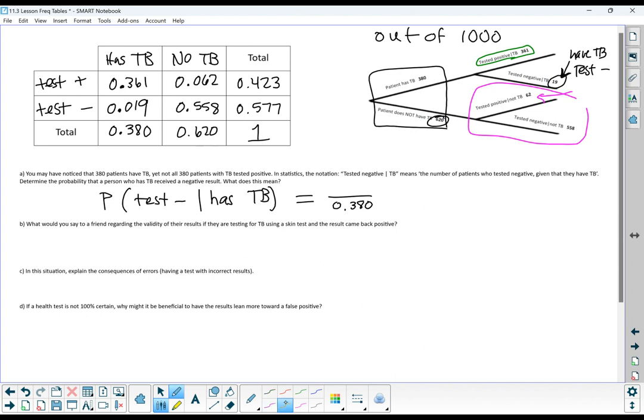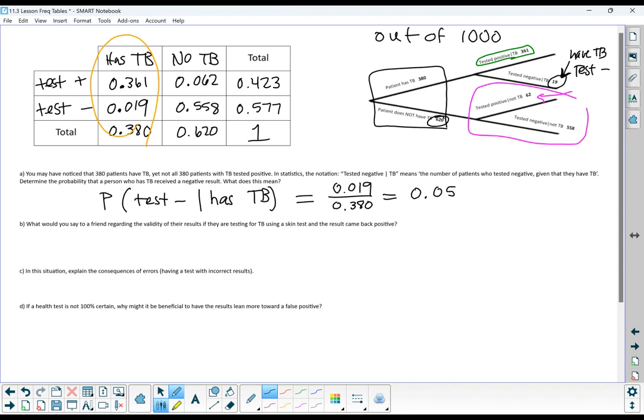I'm using this column right here, and then we're looking for the ones that tested negative, so 0.019. If we divide those two numbers, we come up with 0.05. That means that if you have TB and you use this particular skin test, there's a 5% chance that you are going to test negative, even though you have the disease.